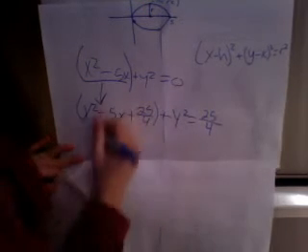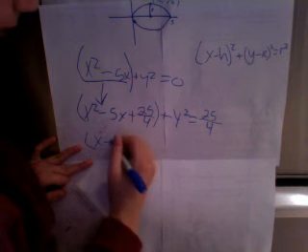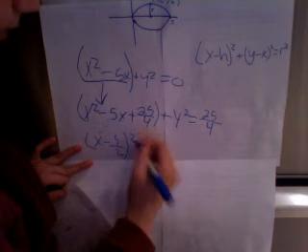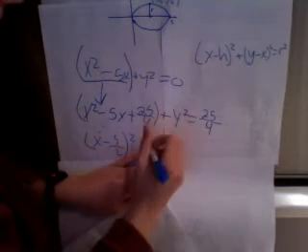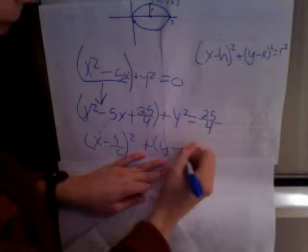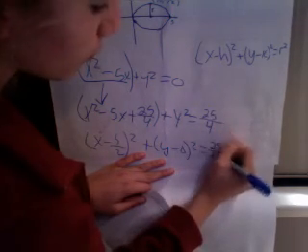And now this is a perfect quadratic equation right here. It is (x minus 5 halves) squared. There is our (x minus h) squared. And then we have plus (y minus 0) squared, like we said before, equals 25/4.